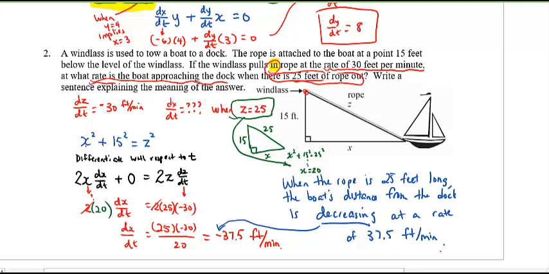There you go. And that's what I mean by writing a sentence explaining the meaning of the answer. Okay? Wow.